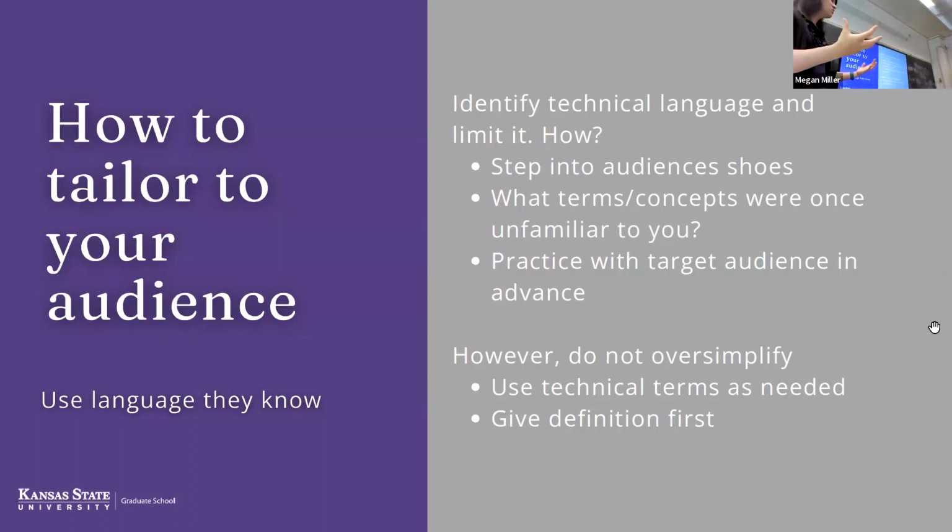So still use it as you need to, but include a definition to help explain what that word or concept means. Another approach that I've heard before that I think is very helpful to limit the cognitive load on your audience is to give the definition first. First use language that they can understand, explain it, and then use the concept.